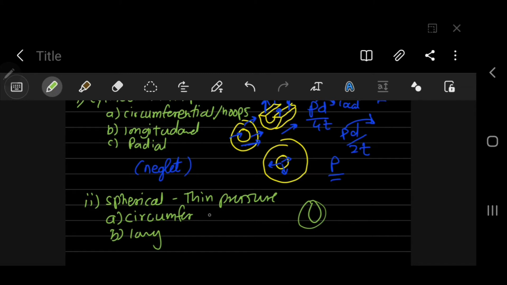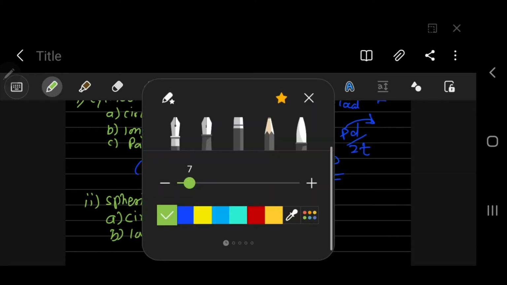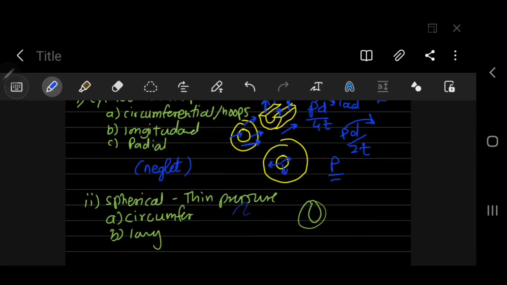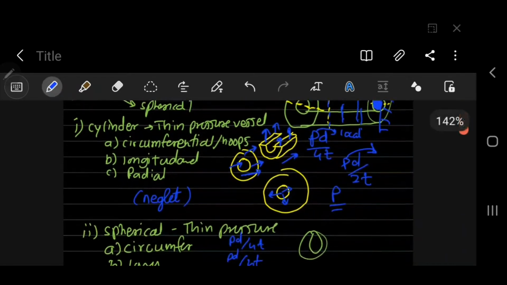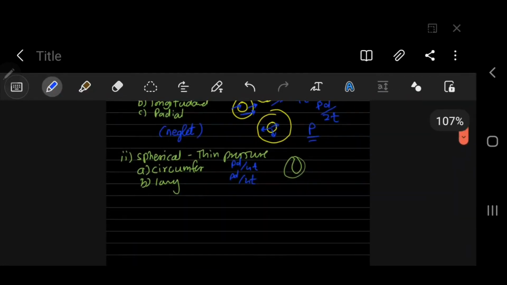The magnitude of both these stresses will be PD by 4T. So both stresses are PD by 4T. So we have covered the thin cylinders. Now we will cover the thick cylinders.